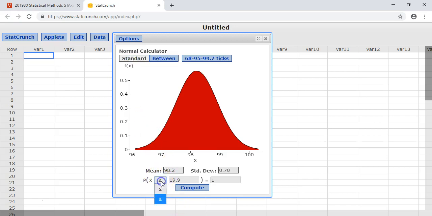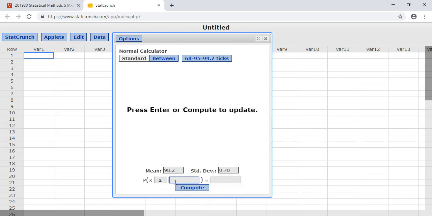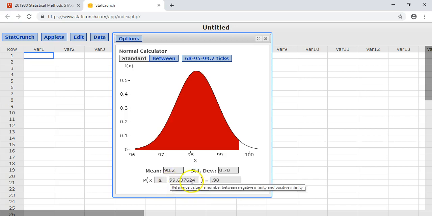Do we want to be greater than or less than? Below. We want to be below. We don't know this value, so we leave it blank, but we do know the percent. What was it again? 0.98. That's how you input it in StatCrunch, and you hit compute and it will give you your number right there, which again shows the 99.6 that we got.